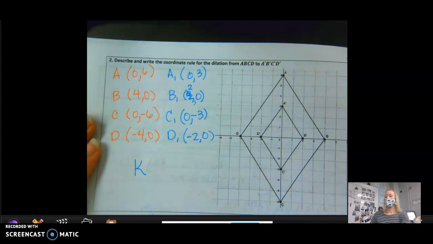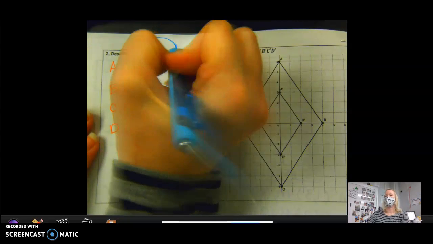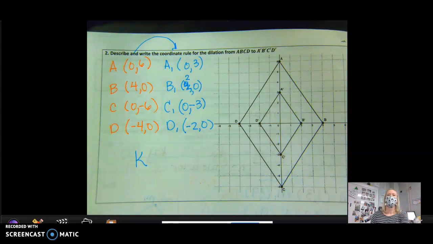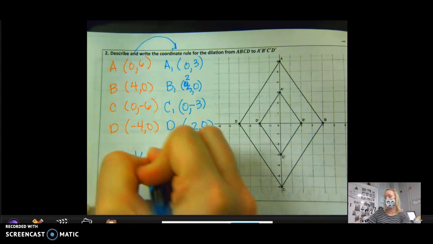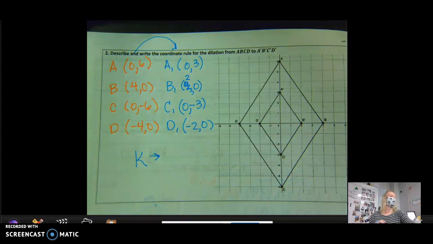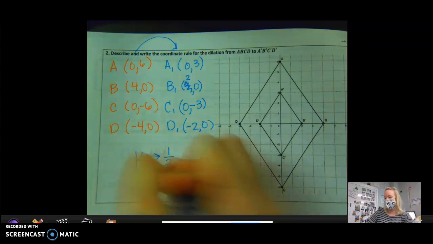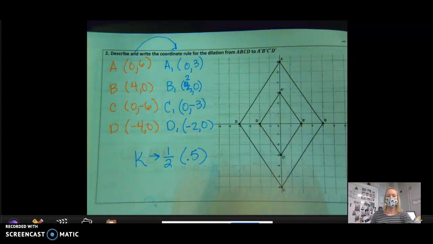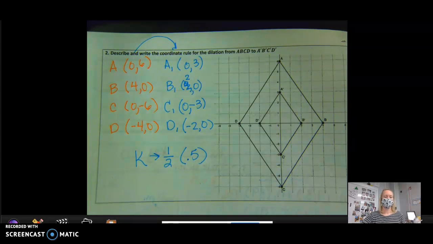What's K? How do I get from this guy to this guy? Divide by 2. In K world and scale factor, it's always multiplication. So how do I say that differently other than divide by 2? So it's 1/2. Could they have also put like 0.5? Possibly. Most likely you'll see it as 1/2. Does that make sense? Okay, awesome, guys.